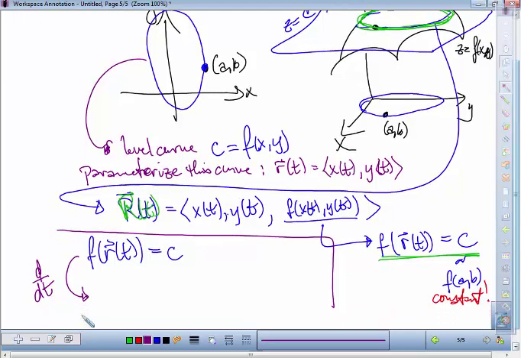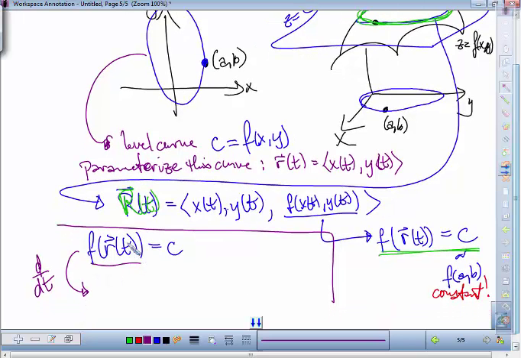But what's going to happen on this side? So this now is a chain rule. And I don't know if you remember in the last lecture, but we consolidated the chain rule into the gradient of f dotted with the derivative of r.